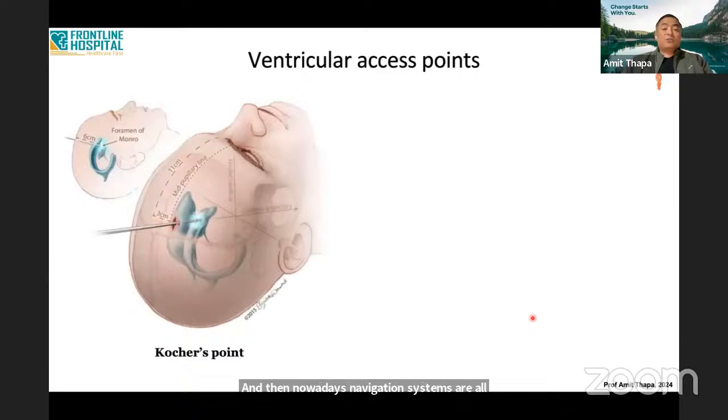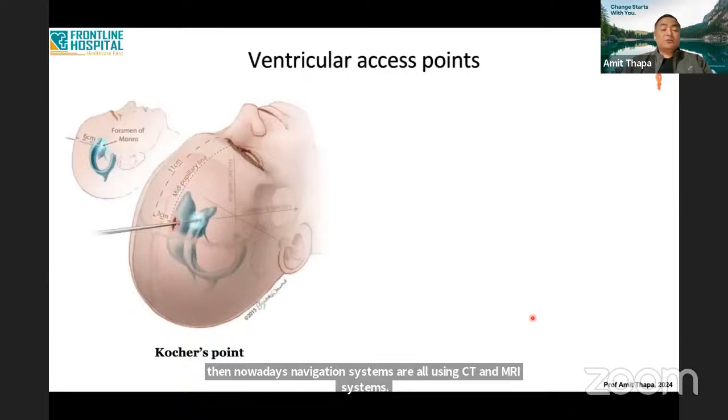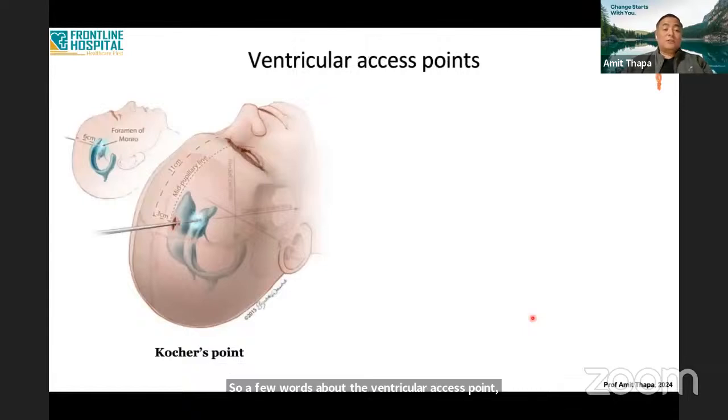So a few words about the ventricular access point, because this also uses the craniometric points to hit the ventricle. The most common point which we all use for external ventricular drainage is Kocher's point, which is a point 3 centimeter lateral to the midline, and 1 centimeter anterior to the coronal suture, or 11 centimeter from the nasion.